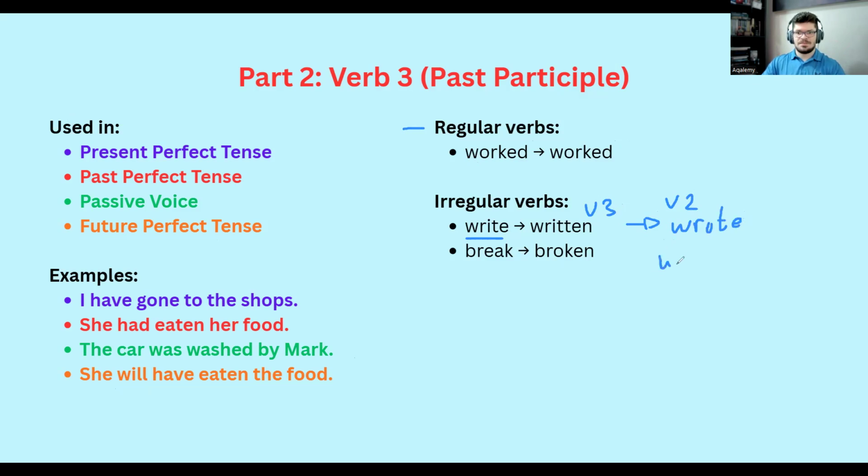Not writed. Some people say, I writed a story. It's wrong. Just be careful. Same situation here, verb 1, verb 3. If we want verb 2, it will become broke. Okay, just be careful.